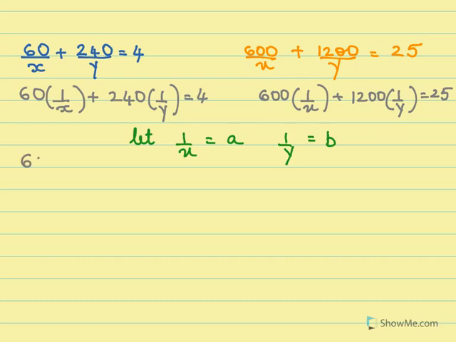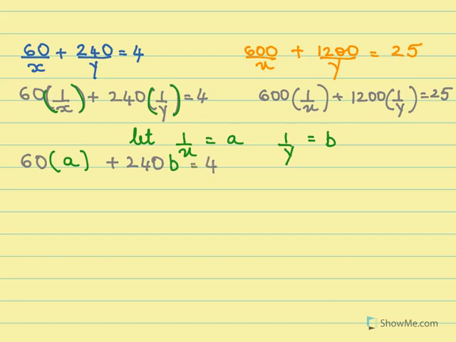So here we have now 60, and for 1 by x we put a, plus 240, and for 1 by y we put b, which is equal to 4.